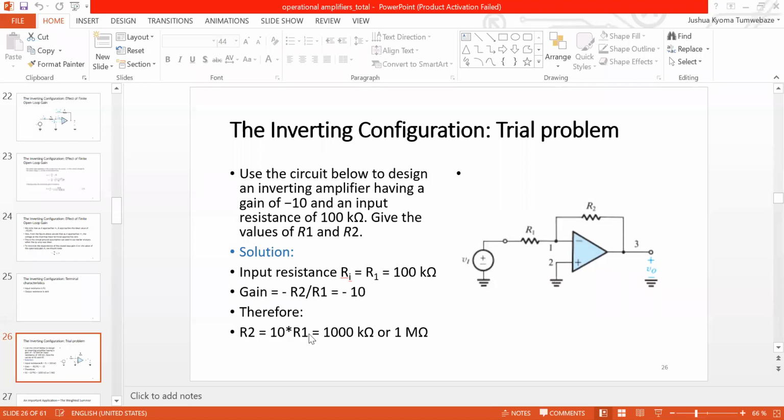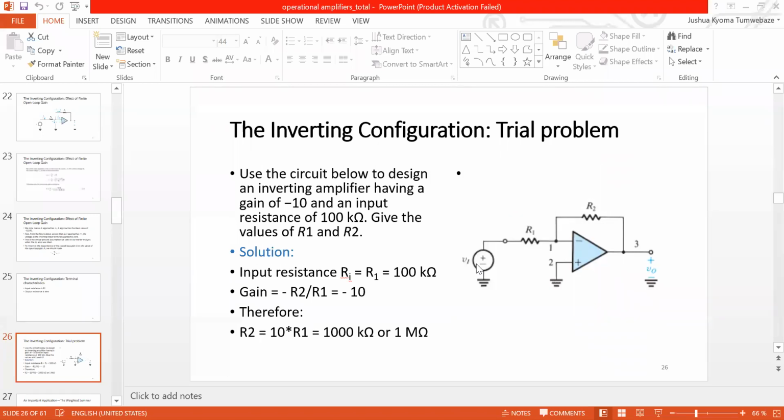We can write out this expression and can clearly see that R2 is simply equal to 10 times R1. Okay. So in this case, it will simply be equal to 1 mega ohm. Okay. So that is simply how you do a design problem.